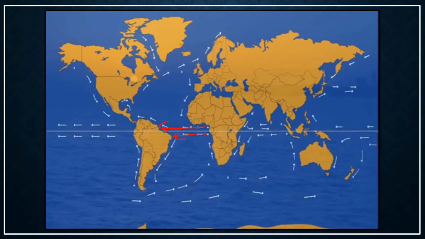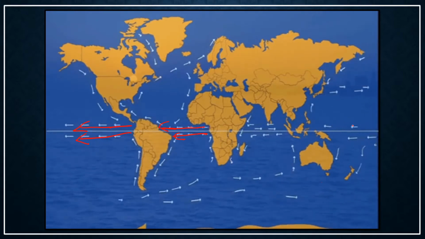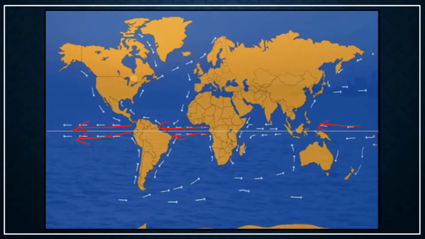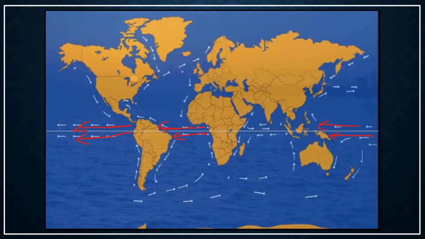The one which generates in the north is known as the North Equatorial Current, and the one which generates in the south is known as the South Equatorial Current. You can see it over here. And they are all warm currents. Why are they warm currents? Because they are generating at the equator, which is the warmest part of the earth.